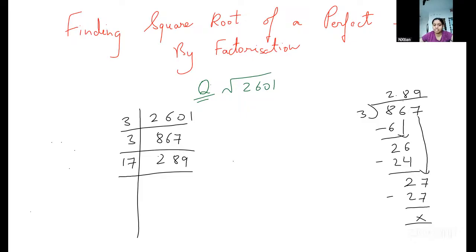Directly. 17. How many times? 17 times. Then 17 will only be divisible with 17 itself. 17 is not divisible with any other number than 1 or itself. So 17 itself. 17 ones are 17.